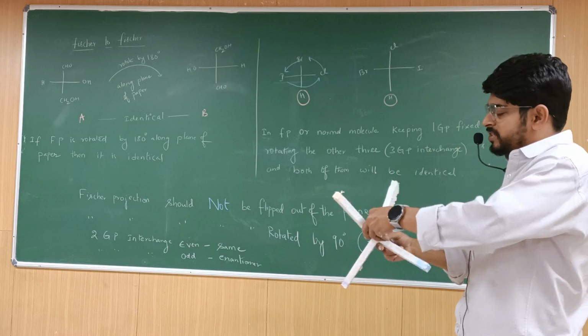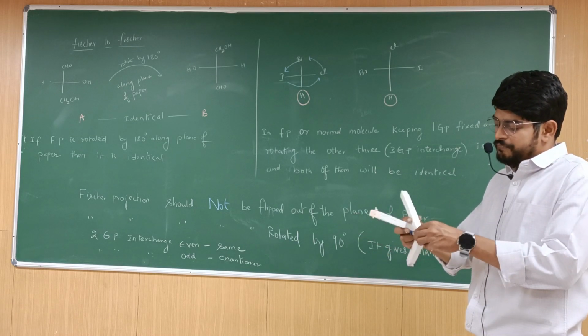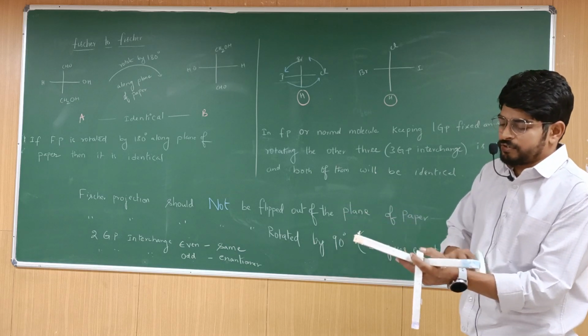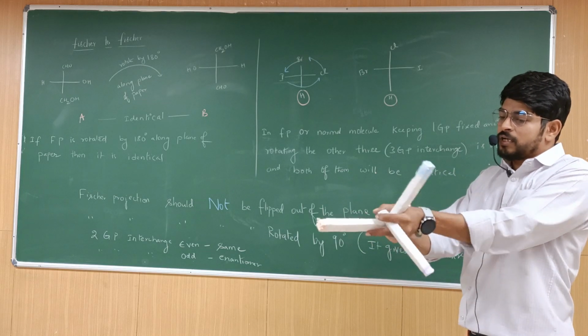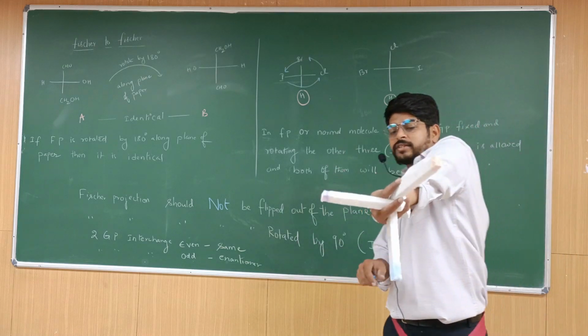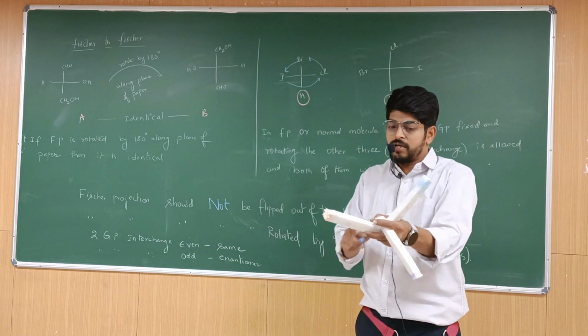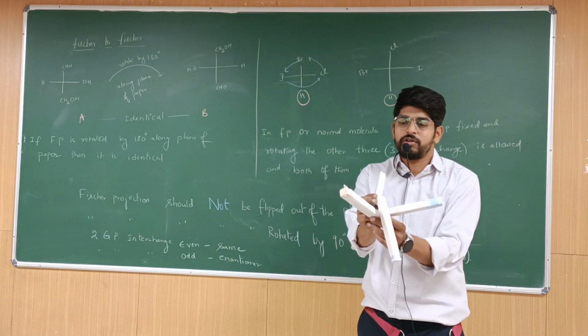As you can see from this itself, 3-group rotation is not going to do any change. The 3-group rotation is not going to change anything in the molecule, because this is the 4th group. Rotating the 3 groups like this is not going to change the configuration. But if I do a 2-group interchange, then it changes the configuration.